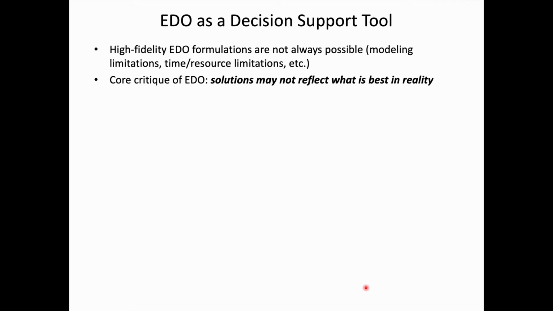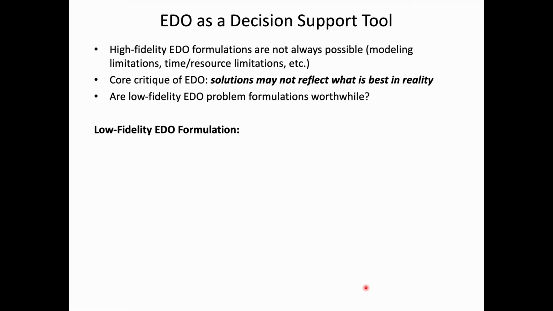We can't get a formulation that is solvable, that is close enough to reality such that the resulting optimal designs could be used directly in design decisions. So then this leads us to the next question. Are low fidelity engineering design optimization problem formulations worthwhile?